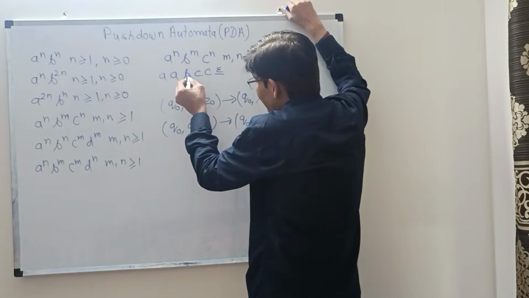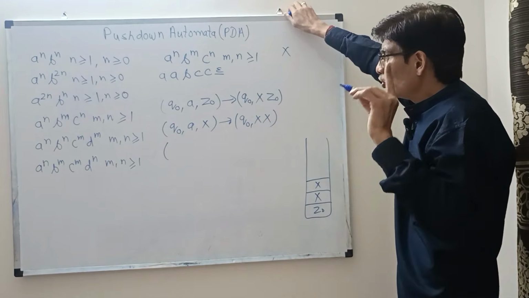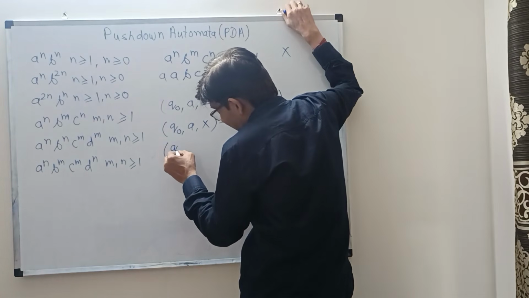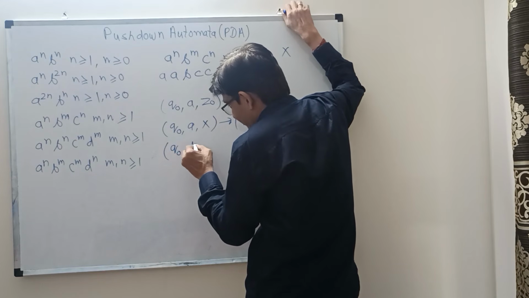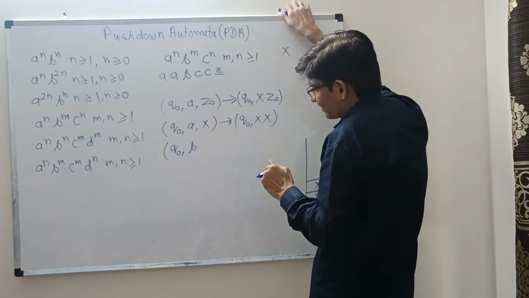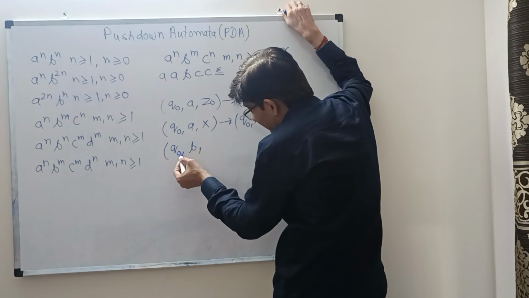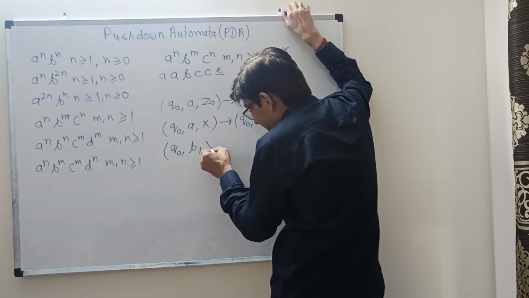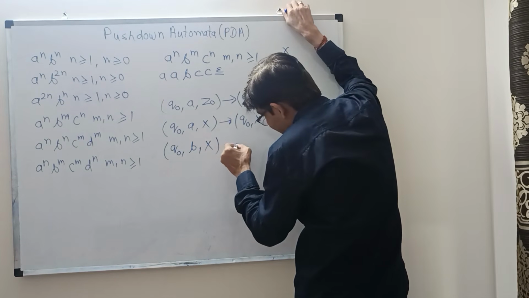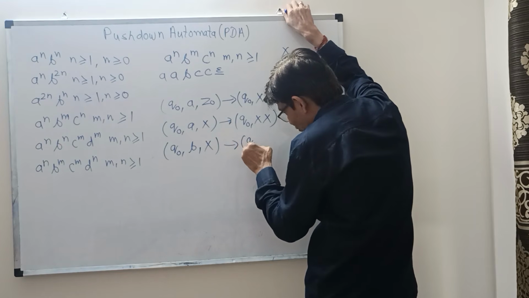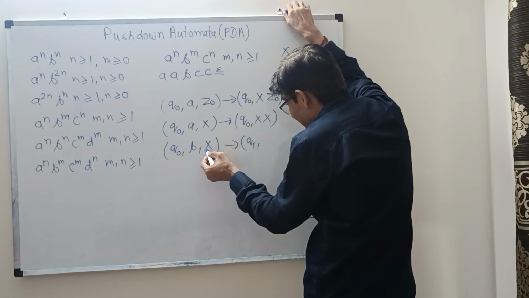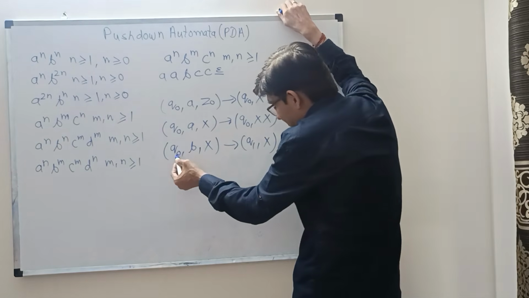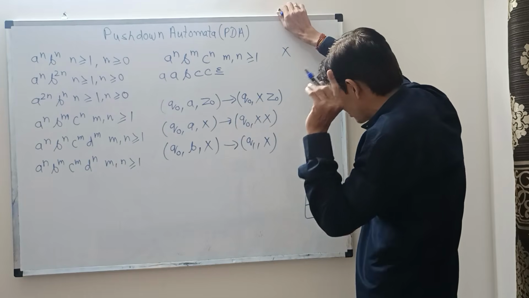Now you will read the first B. As we have decided not to perform any operation on the stack while reading B, we will change the state on B. We are in Q0 reading the first B and the stack top is X. In this case, we just change our state to Q1 and do nothing, simply copying the current stack top to the right-hand side. We do no operation on the stack.